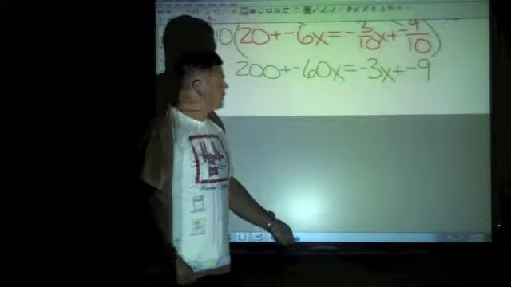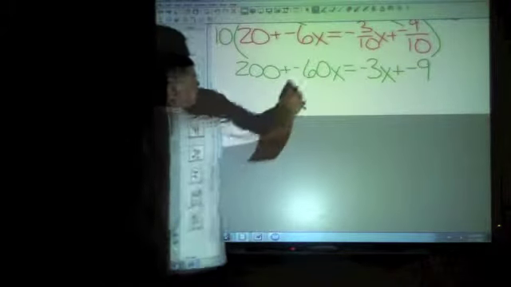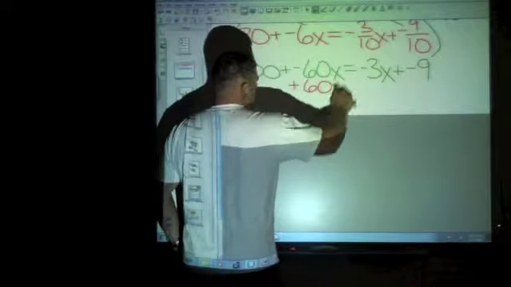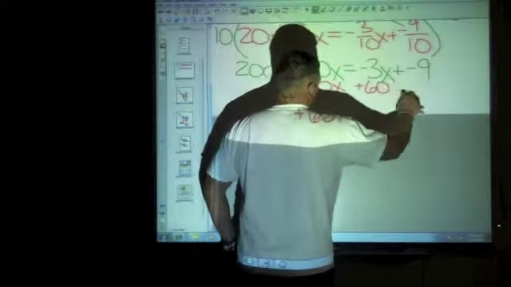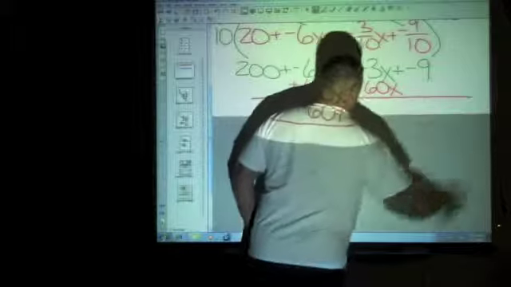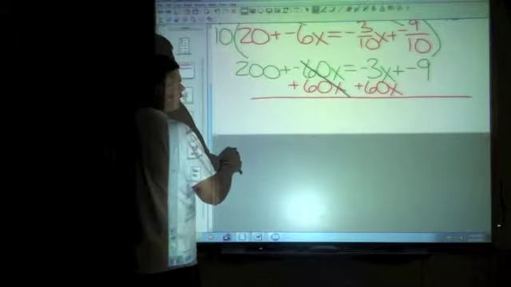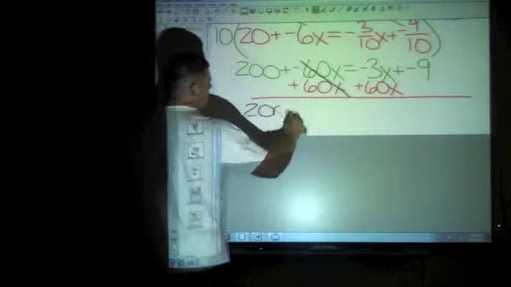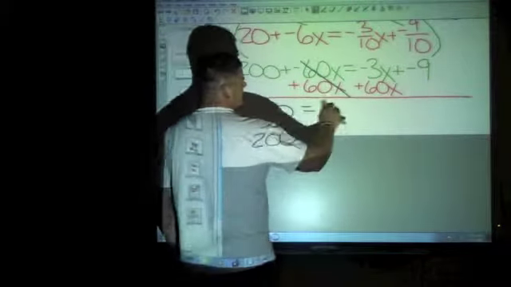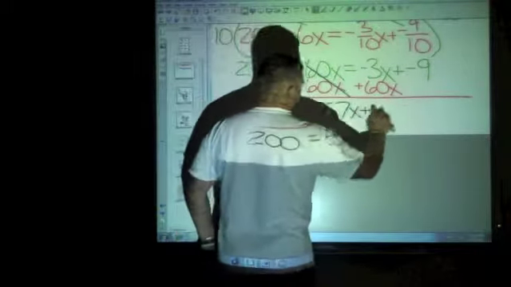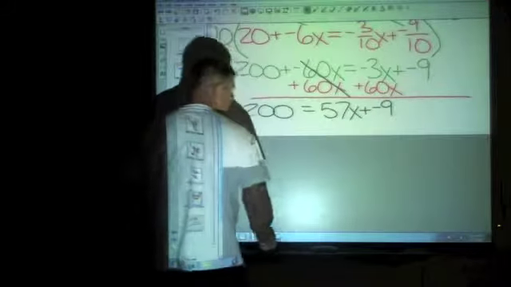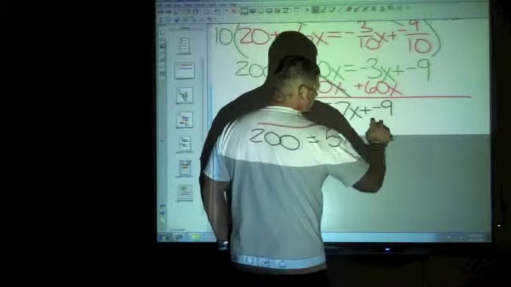Now I can play this shuffling game just like before. I'm going to get all the stuff with one kind on each other side, so I'll add 60x here, add 60x here. These cancel out, leaving me with 200 is equal to 57x plus negative 9. All I have to do is move the 9 to the other side.